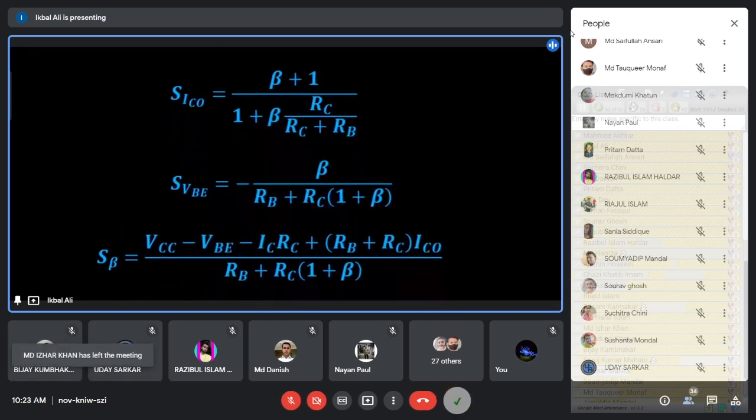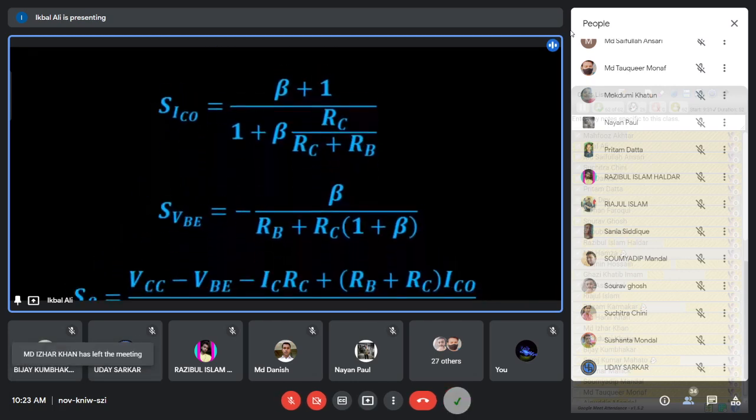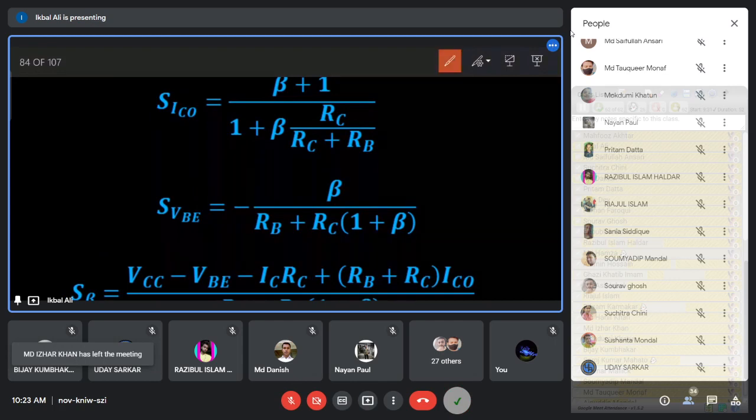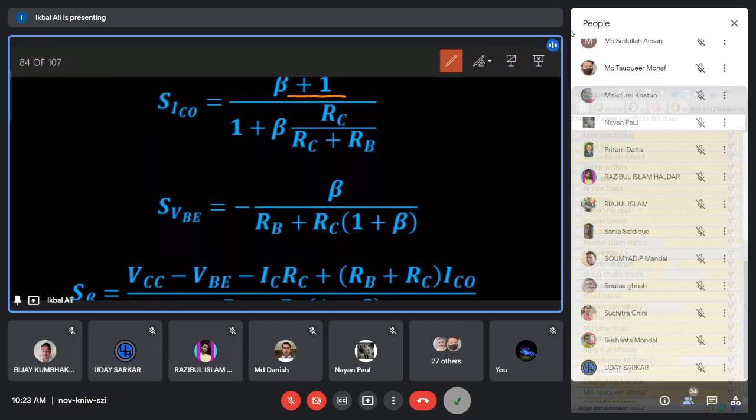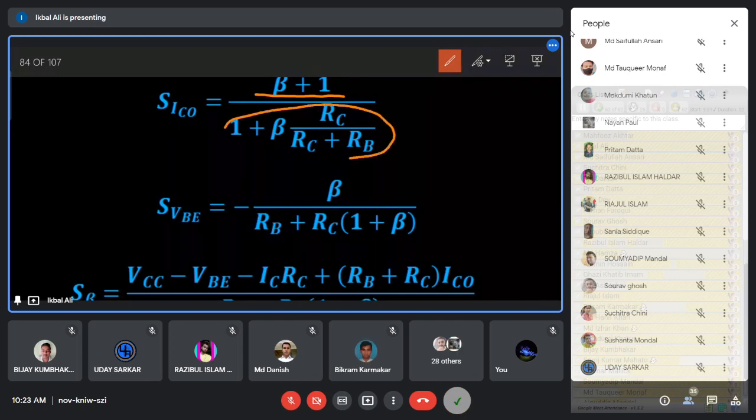This beta plus 1 was the stability factor for the fixed bias circuit. But in this circuit, you have a denominator expression which is larger than 1. So beta plus 1 divided by some expression larger than 1. So SICO compared to the fixed bias circuit is less in value.